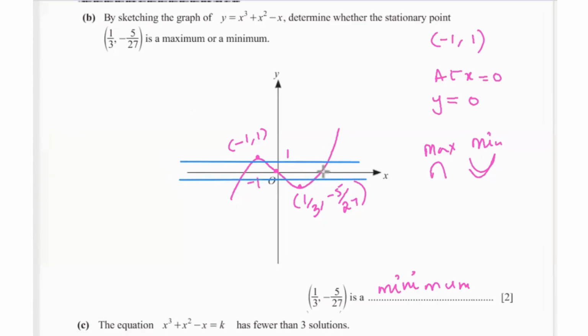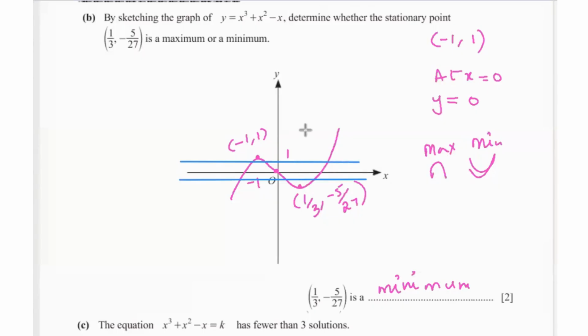This is where we have 3 solutions. So fewer than 3 solutions is above the turning point or at the turning point on both the maximum and minimum point.